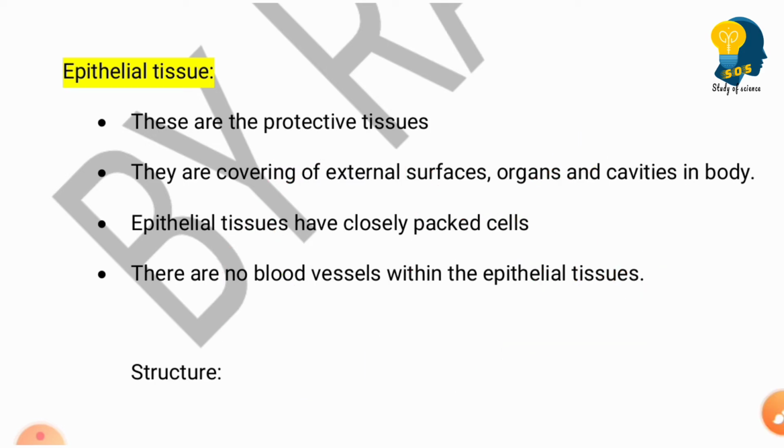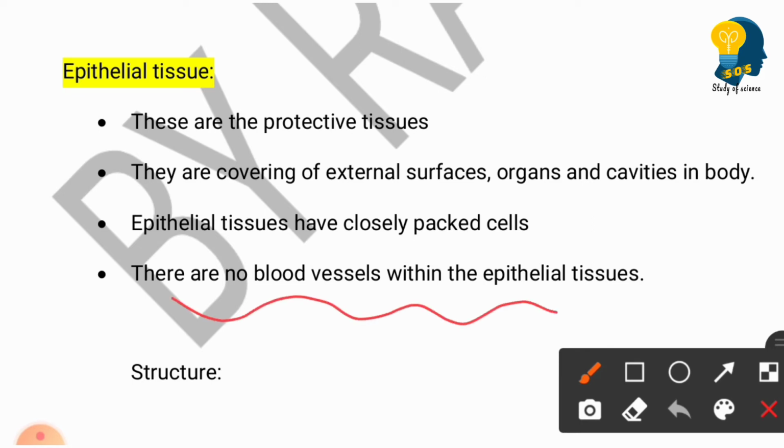Next, there are no blood vessels within the epithelium tissues. Why are there no blood vessels within the tissues? What would have happened if there were blood vessels within these tissues? Let's understand by taking an example. Let us consider this is your hand and this is your skin region. If your skin consisted of epithelium tissues with blood vessels, then what would have happened if your skin came in contact with a harder substance, or somebody pushed you against a harder region?